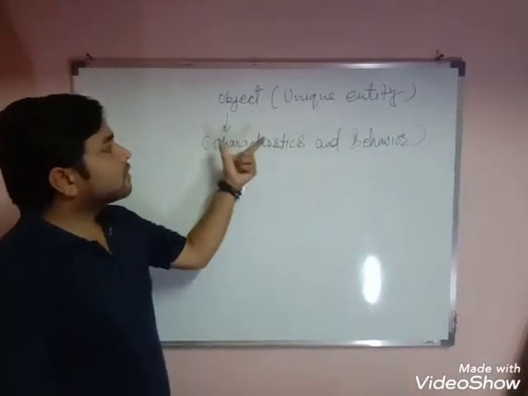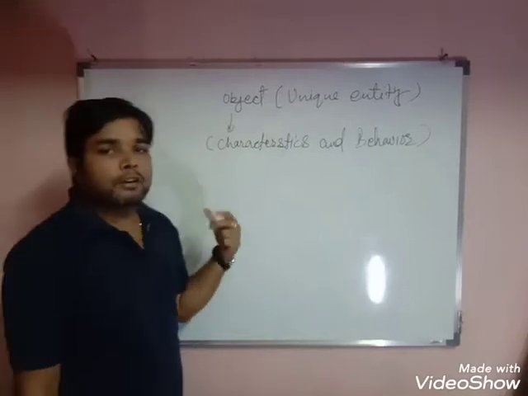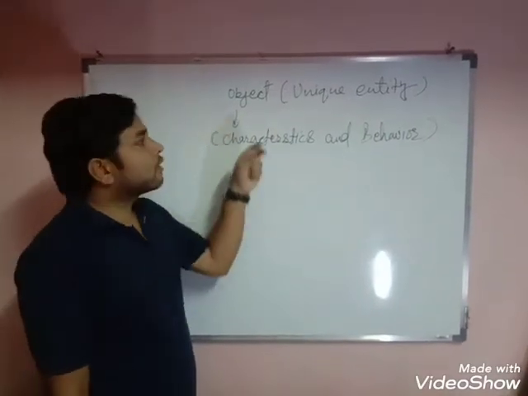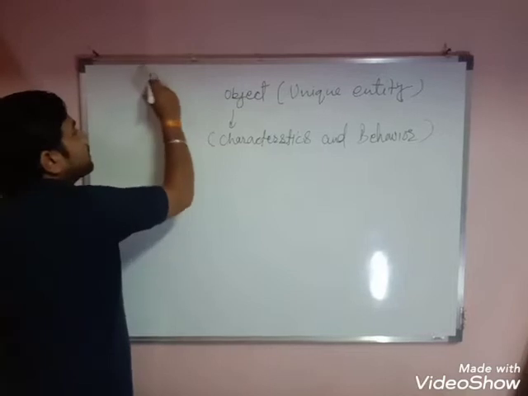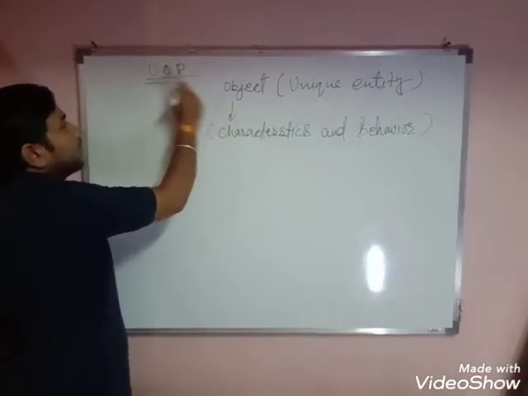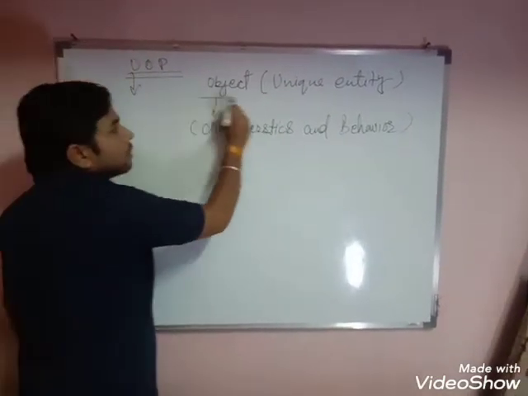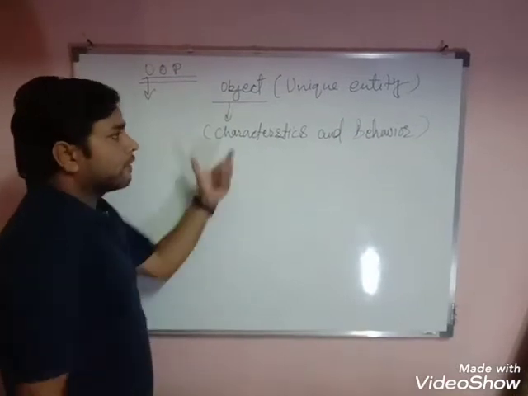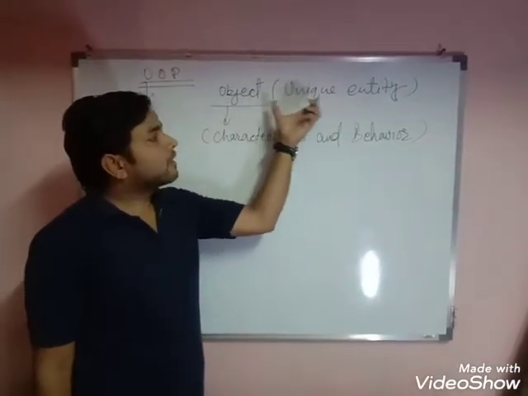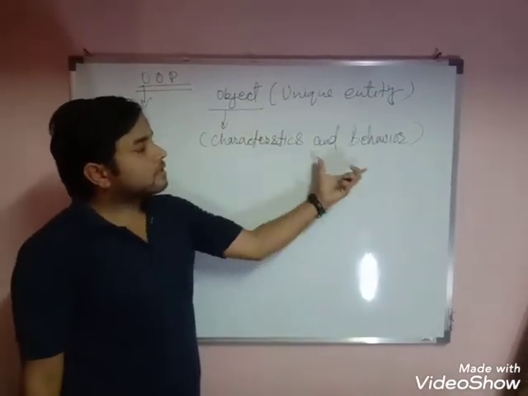This is the definition of an object. We have to learn this before knowing the concept of object oriented programming, because the first word in object oriented programming is object. So the definition of an object is a unique entity which has characteristics and behavior.